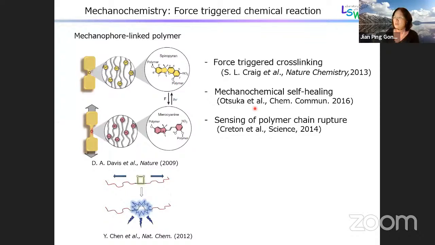And also Constantino's group used this mechanochemistry for sensing polymer chain ruptures. So this is a very important field now, rapidly growing. Using mechanical force to trigger chemical reactions might be used in our systems to build muscle-like materials.